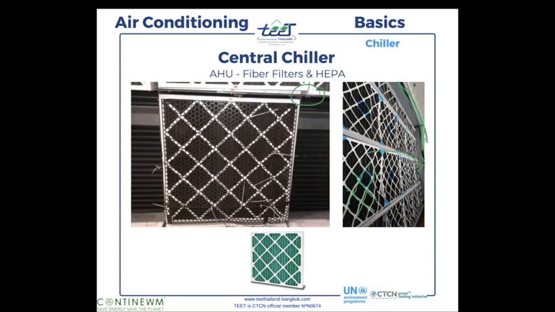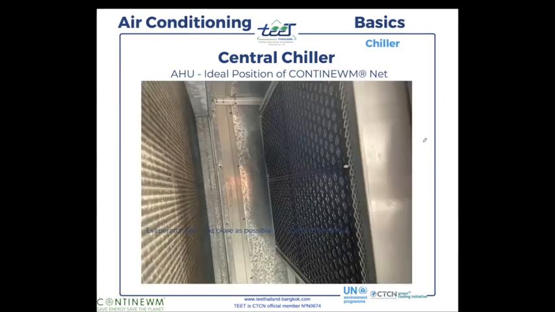So it's always, every AHU is different, and you have to keep this principle in mind to find out where is the best place to install Continuum. The ideal case is this one, where you have a metallic or strong filter, and we attach Continuum at the back of the filter.